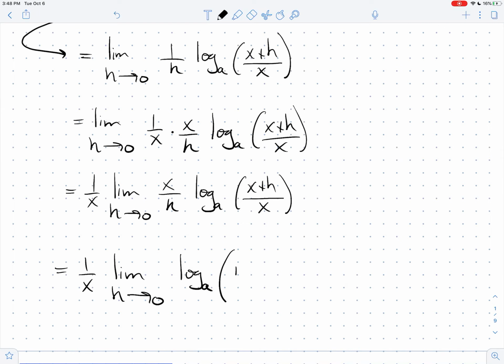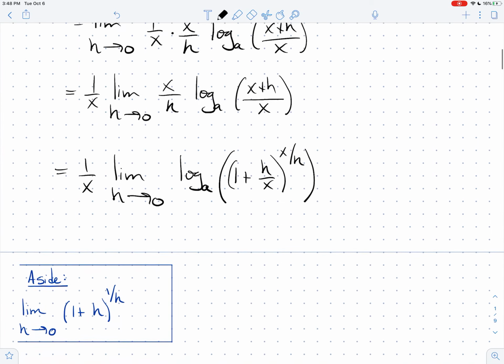Instead of x plus h, I'm going to write this as 1 plus h over x. Make sure you're comfortable with that. I'm not canceling incorrectly. This is 1, and this is h over x. And then I'm pulling this part in as the power, so it's got to show up as x over h like that. So that's where we are.